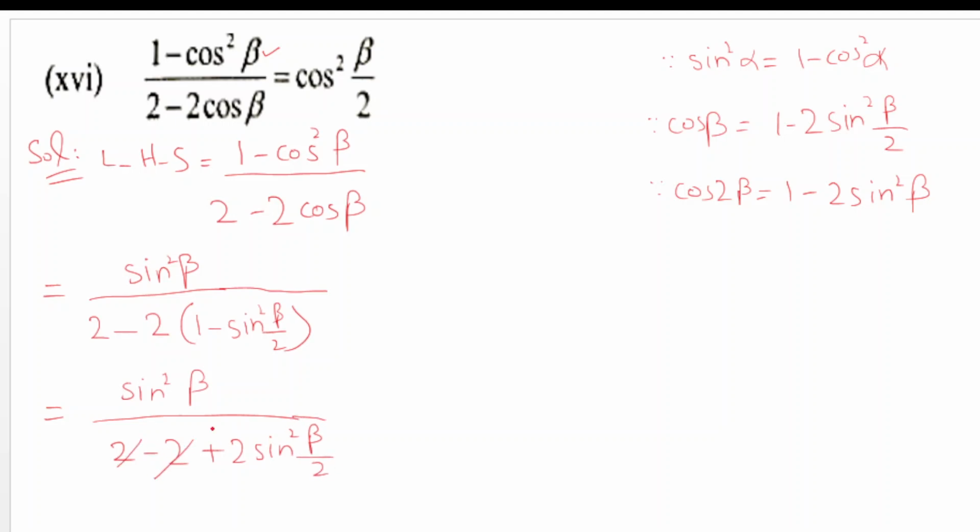So the 2 will cancel out, and then what's remaining over here, sine square beta, and at the denominator 2 sine square beta by 2. Yes, like this. So at up we need to apply the formula. Which formula are we going to apply over here?